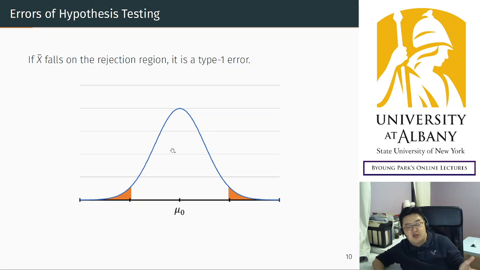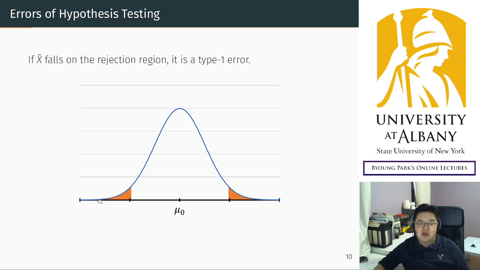Just observationally, the sample average is too small or too large, so you have to reject your null hypothesis, which can happen with this much probability or this much probability. So this is the rejection region.